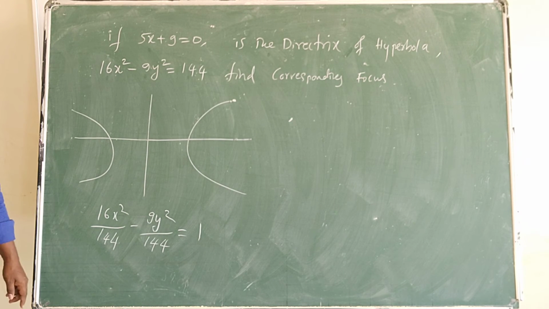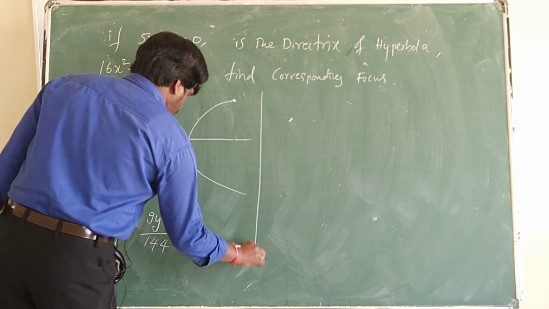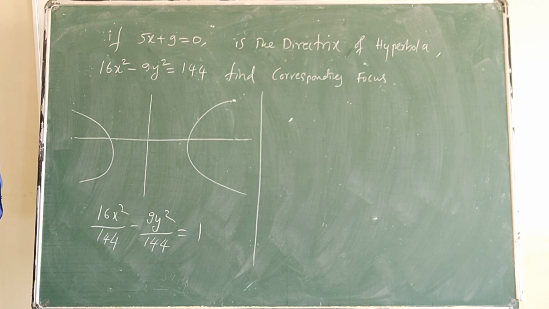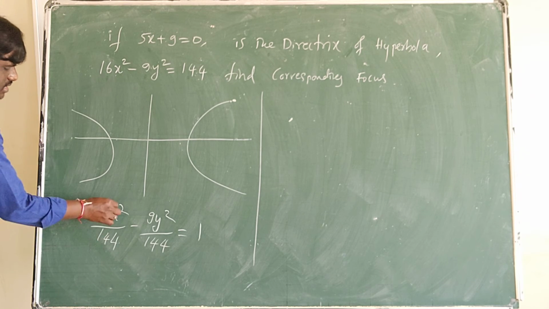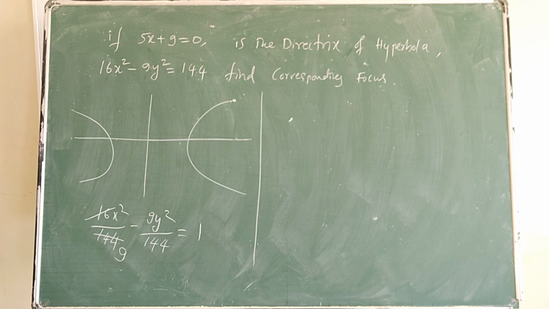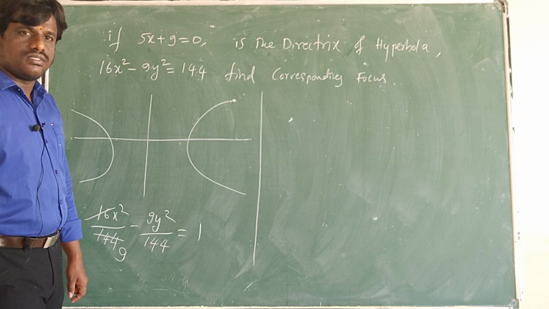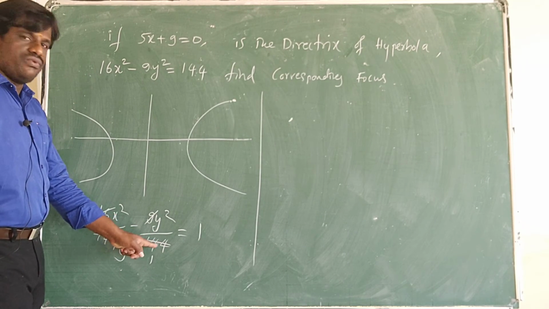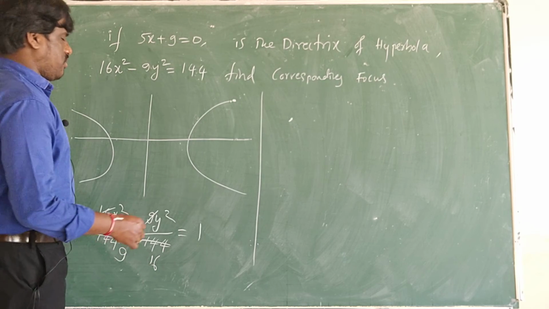So how many times will this cancel? What are you going to get? 16 9s will come, and how many times will this cancel? 16 times. See, 9 1s are 9, so what is left? 16. So what did you get here?